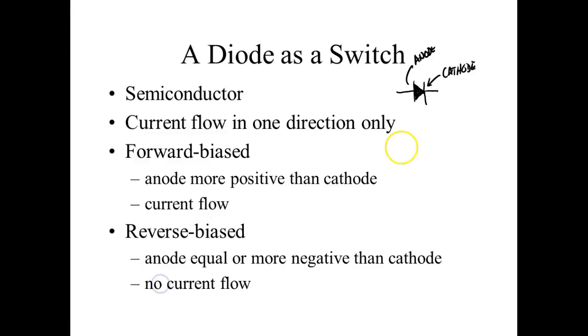And bias is a DC polarity or DC voltage that's applied to a semiconductor to control its operating parameters.